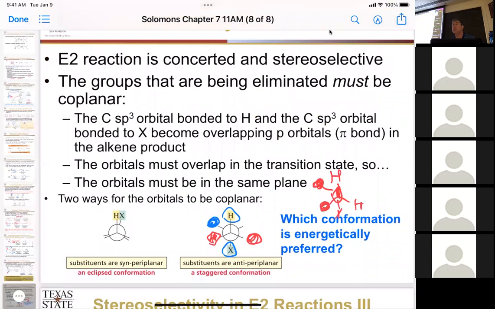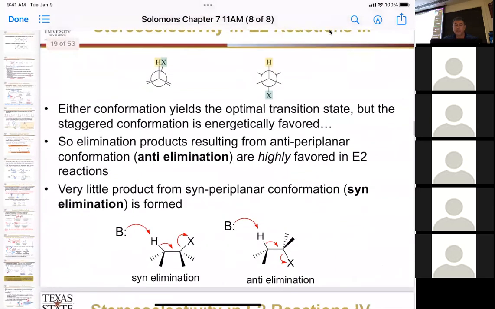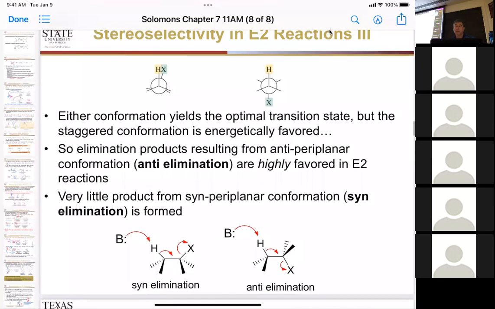So your transition state controls whether or not you get the E or Z isomer. But you always have to have those anti-periplanar, or they need to be anti to each other. Okay. So there is a possibility of what we call cis elimination, where you have them in this configuration here.